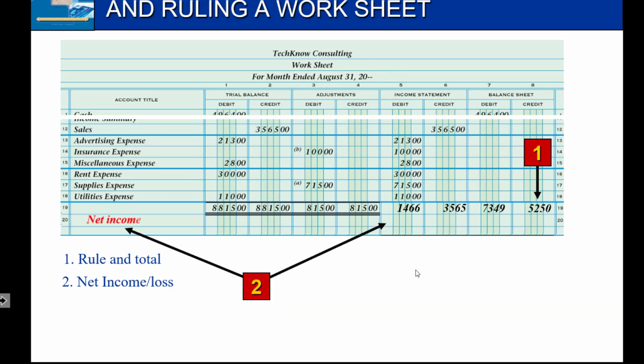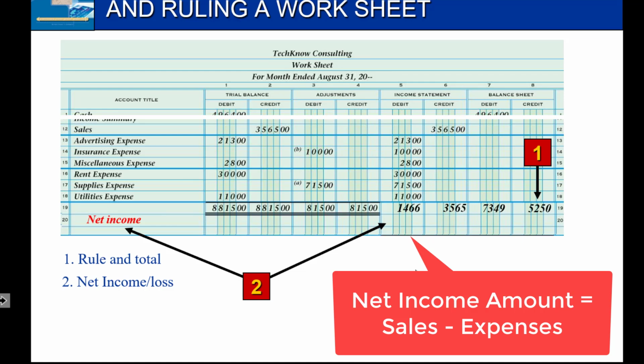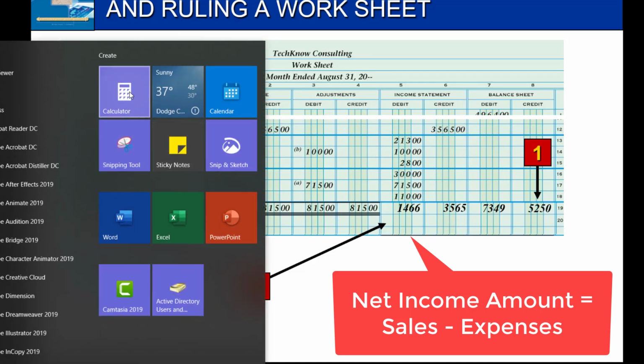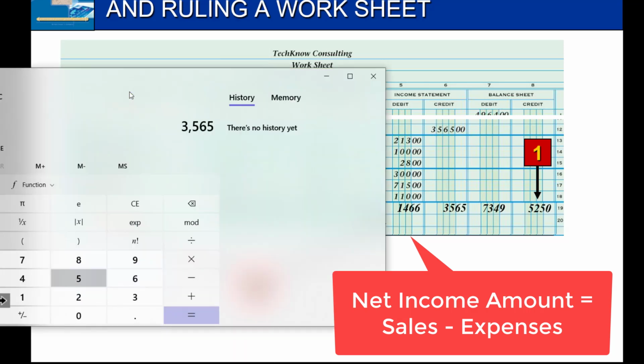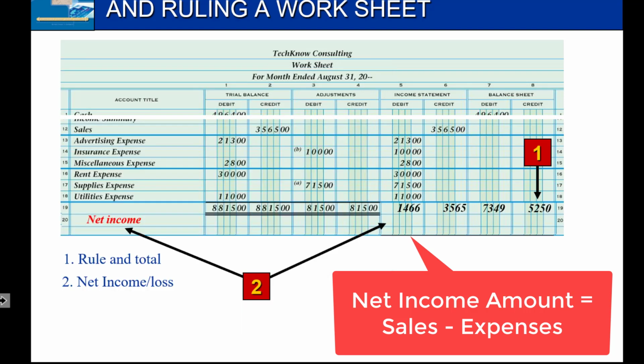So I'm going to write net income, and then when I subtract it, that's going to give me the amount of net income I have. So if I take 3,565 minus my 1,466 in expenses, my net income is $2,099. And a net income will always go in the debit column because that's increasing. So here's how much my net income is.